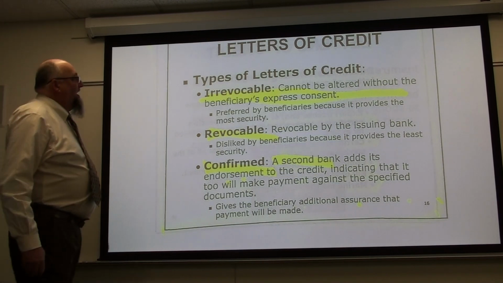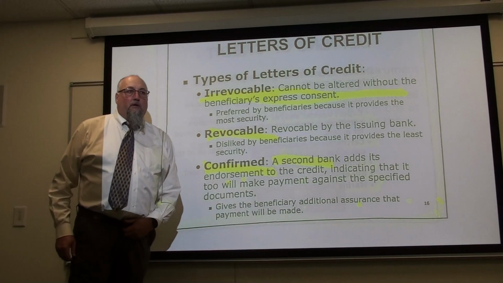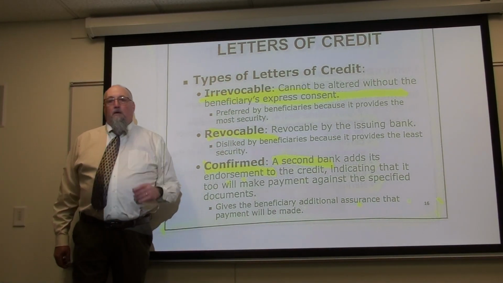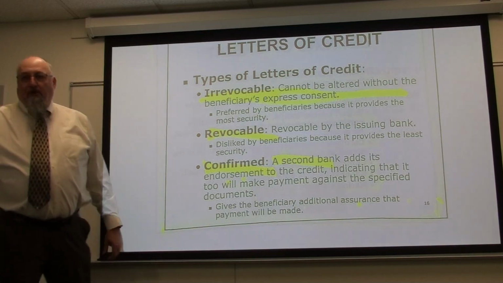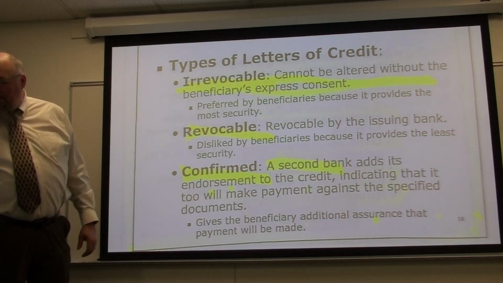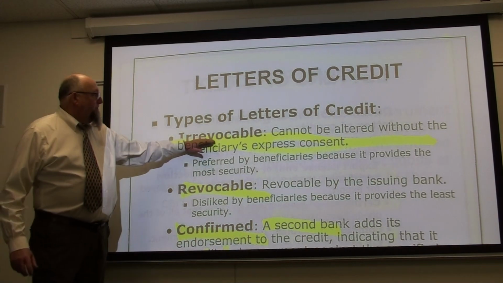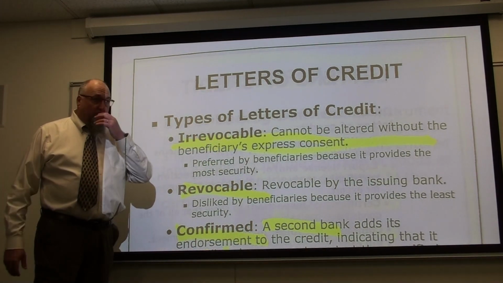So first of all, we have what's called an irrevocable letter of credit. This is the most common type of letter of credit. And as the name states, it is irrevocable.